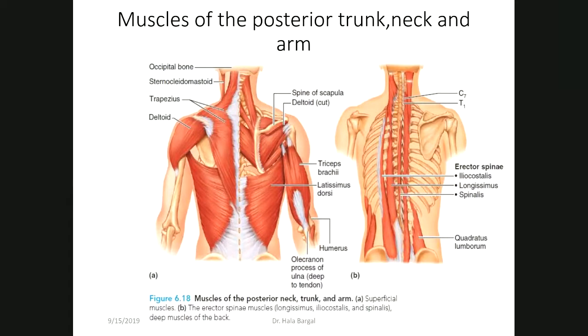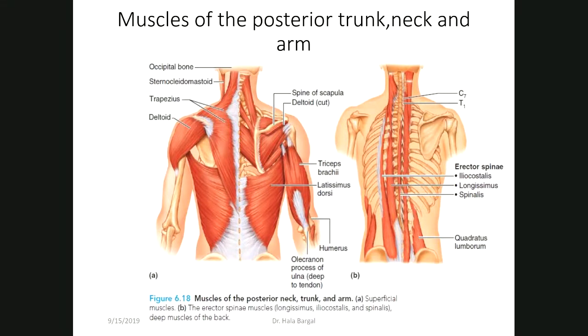Deeper to these, over the surface of the scapula, we have supraspinatus and infraspinatus muscles. Over the vertebral border of the scapula, let us arrange these muscles. First, we call this one levator scapulae.